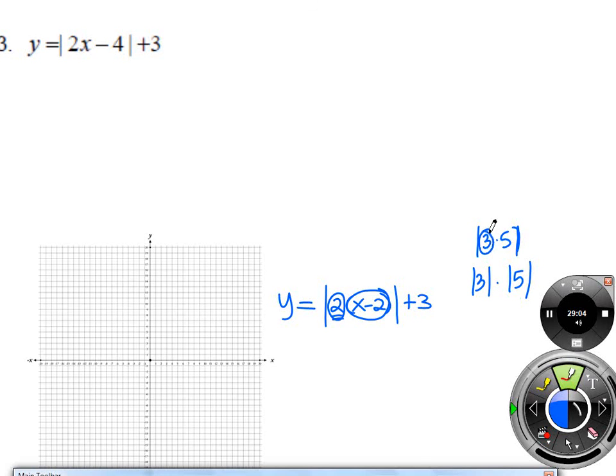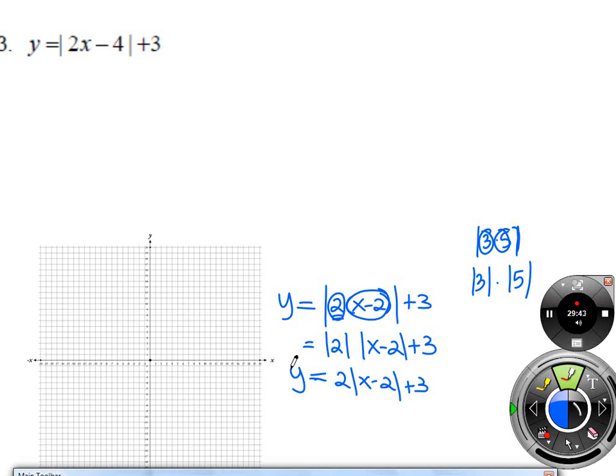We said that 3 times 5 inside of absolute value is the same as if 3 had its own absolute value around him and so did 5, which means we can split this up to 2 different absolute values multiplying each other. And the reason that helps is because you can calculate the one that just has a number in it. What is the absolute value of 2? 2. And now, finding your A, H, and K, would you be able to graph that equation? Yeah, very quickly by hand, right?